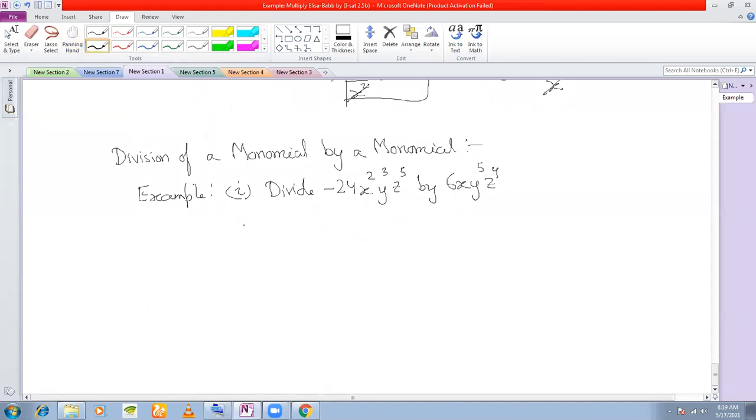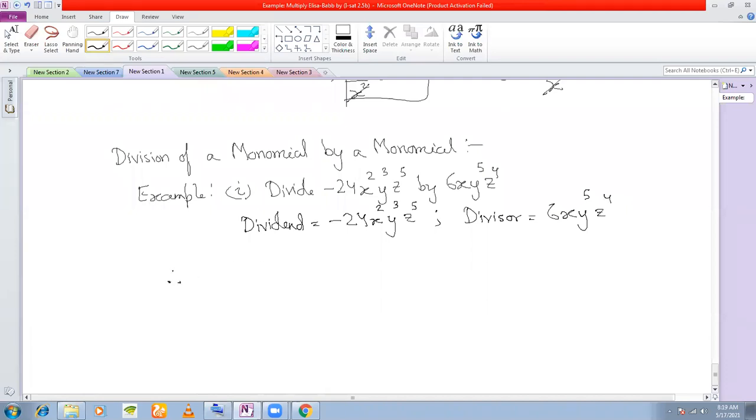Now, first of all, what you must realize here is that the dividend here is minus 24 x square y cube z to the power of 5. And what is your divisor? Divisor here is 6xy to the power of 5 z to the power of 4.